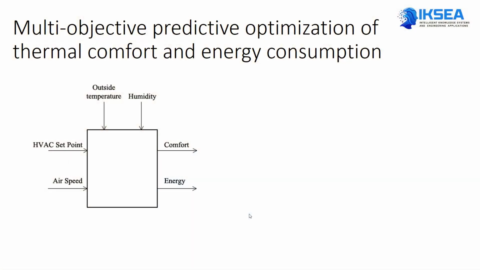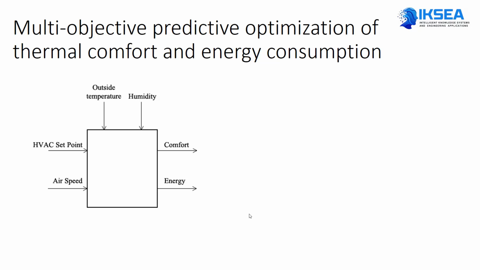This involves evaluating functions that are not static but have a path over time. The previously stated problem of multi-objective optimization of thermal comfort and energy consumption can be solved with this approach.